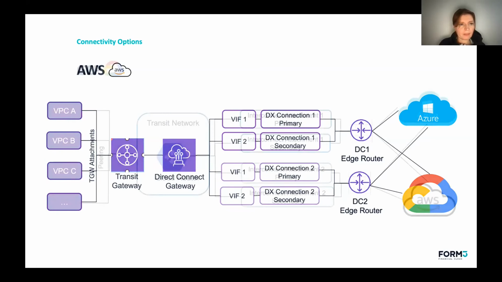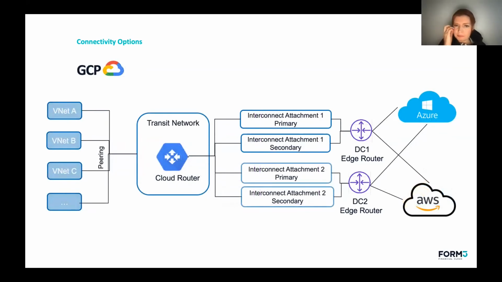In case of GCP, we also have redundant connections to DC1 and DC2, but GCP doesn't support such a concept as Transit Gateway in AWS. So instead, they recommend using a transit network with a cloud router. We need to configure a specific virtual network which serves as a transit network.